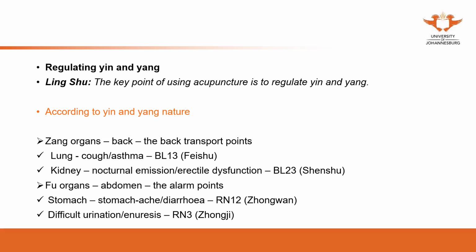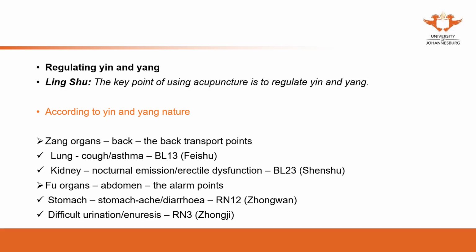Because of the Yang depleted, we can use moxibustion. We can use moxibustion on Ren 6 and Ren 4. Yang depleted will be accompanied by Yin depleted. So in this situation, we're going to treat the Yin to assist the Yang.